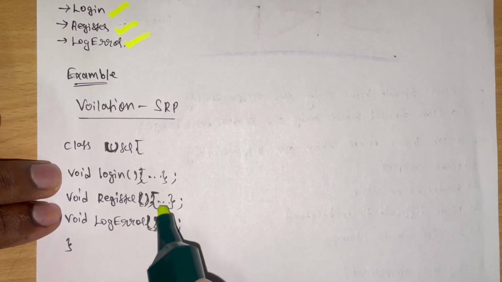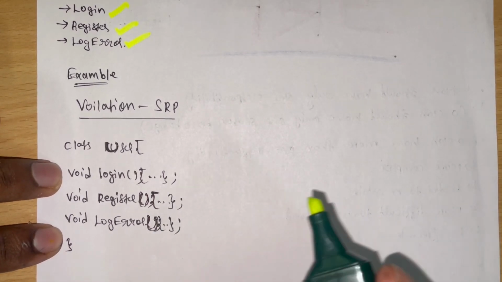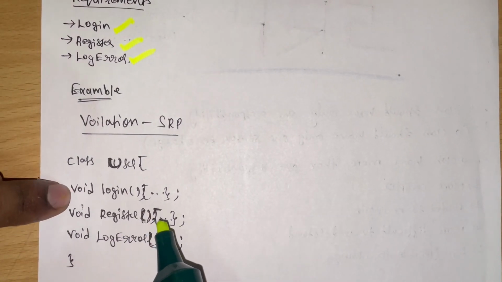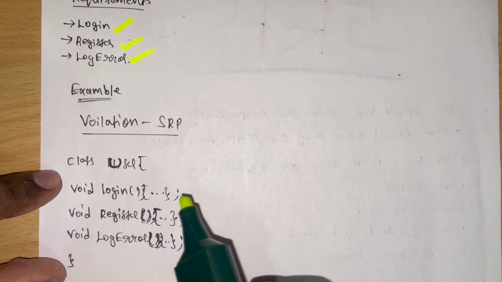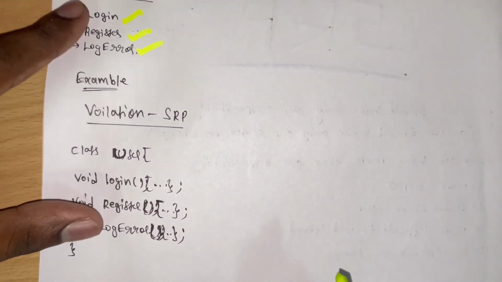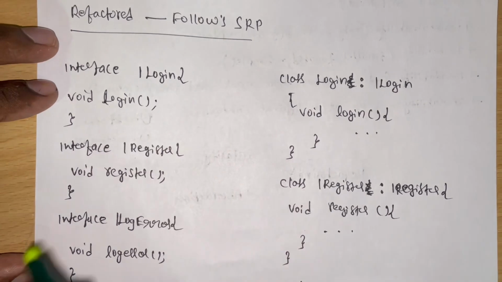These are three methods with bodies containing logical code. That means three requirements of the client are being put into one class which has multiple responsibilities, which is violating SRP. Now, once we refactor it, we can see it like this.